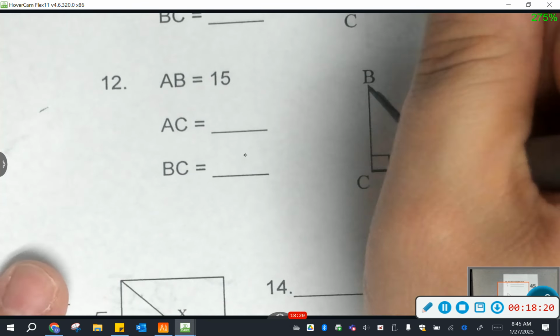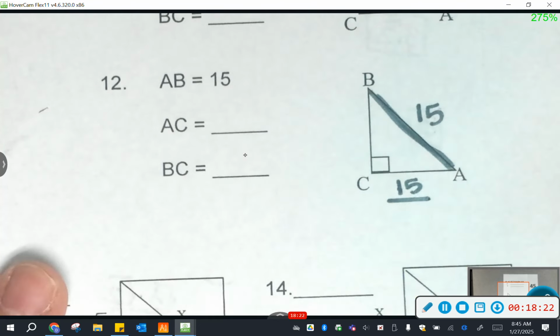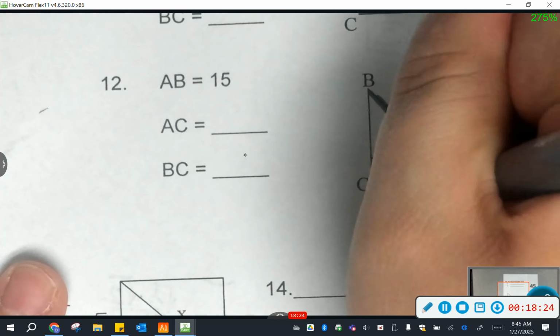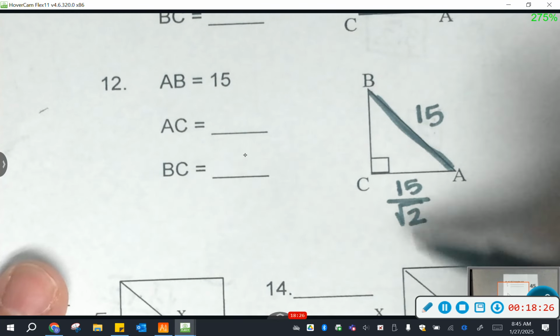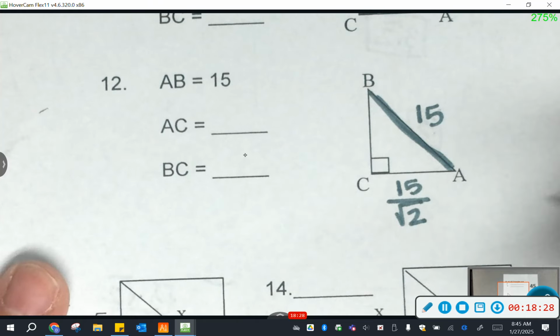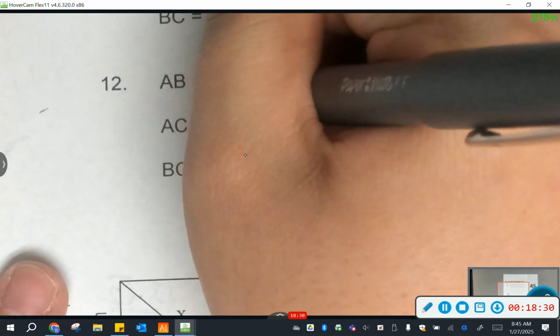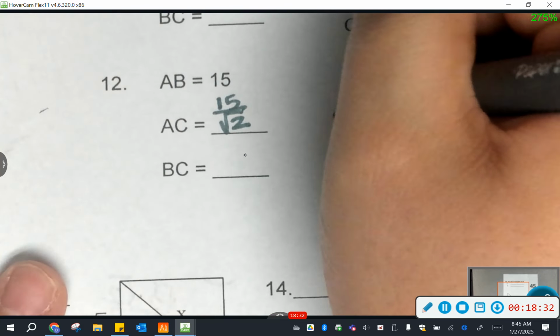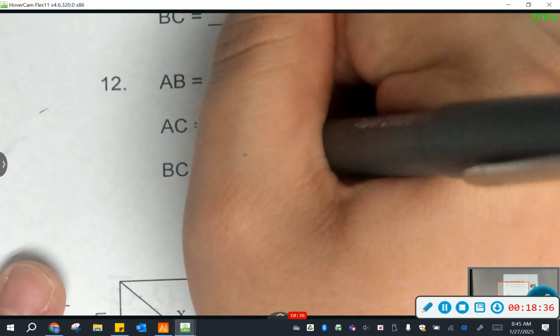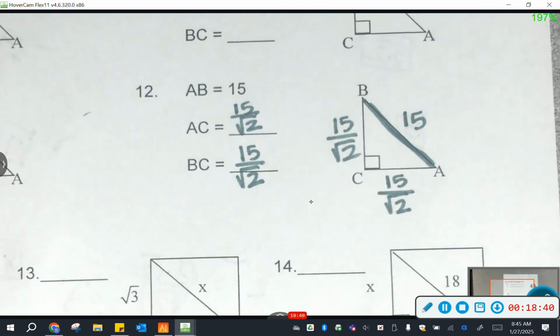Divide. Divide by what? Not 2. Square root of 2. And is it okay for it to look like that? Yep, that's my answer. It is only going to look like this if you have a pretty number on the diagonal. And that's it.